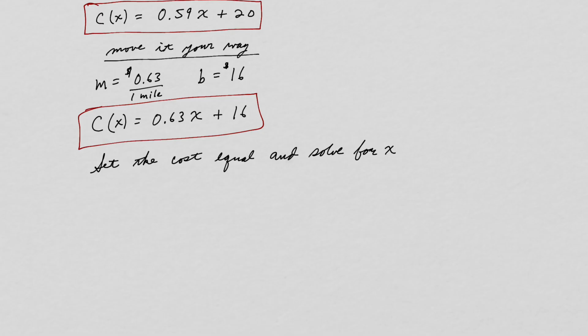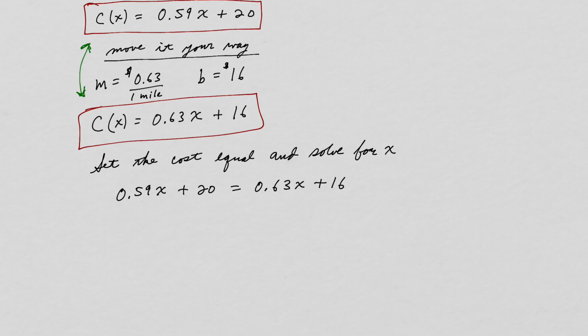Right, so if I do that, I'm going to have 0.59x plus 20 equals 0.63x plus 16. I'm setting these two costs equal to one another. Okay, now how do I solve for x? Well, I could clear out the decimals by multiplying everything by 100, but I think in this case it's easy enough. Let me bring the x's to one side.